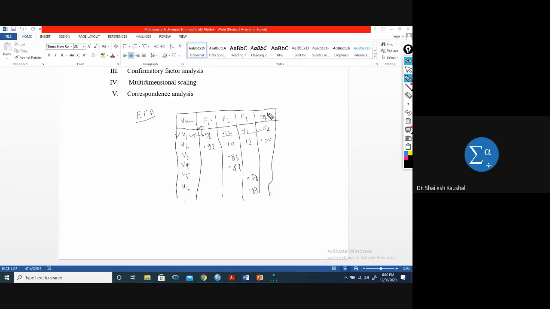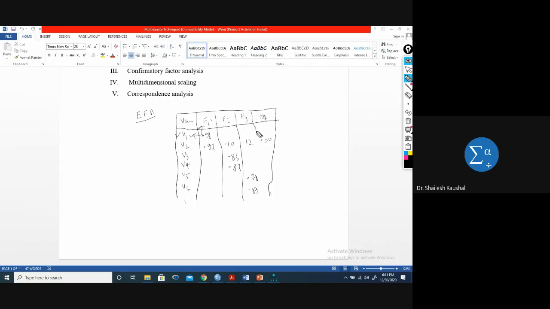But in structural equation modeling, we assume the factor, especially f1, is highly related only with f1, and it is unrelated with the other factors.